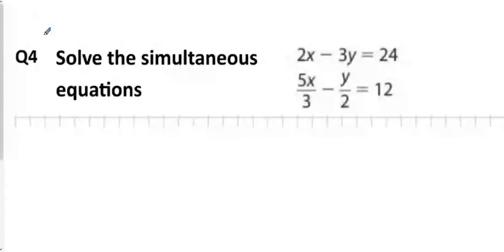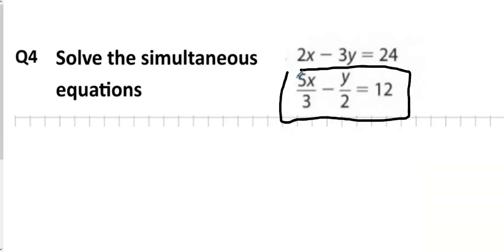On to question 4. This is very similar to the question we did earlier. We're going to work on the bottom number and try and make sure that it has a common factor. The common factor, once again, is 6. We're going to change all these to 6. So I'm going to multiply top and bottom by 2, top and bottom by 3, and this would be 12 over 1.